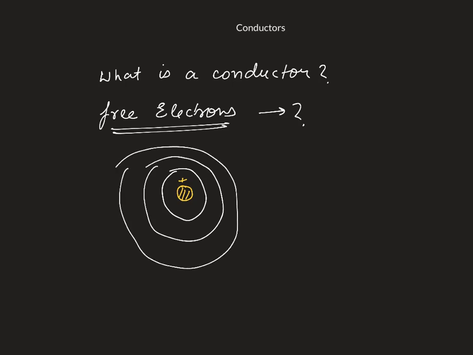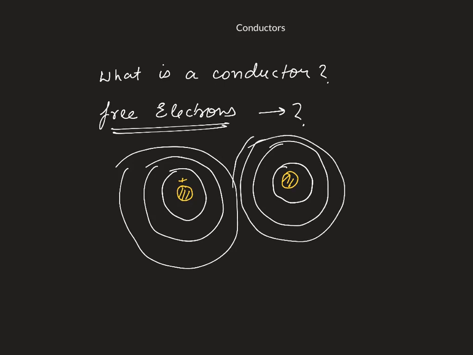And in the same material, there is another nucleus and there are also electrons around it. You might see that there is an energy level here at this point. We can mark it. There is an energy level here.